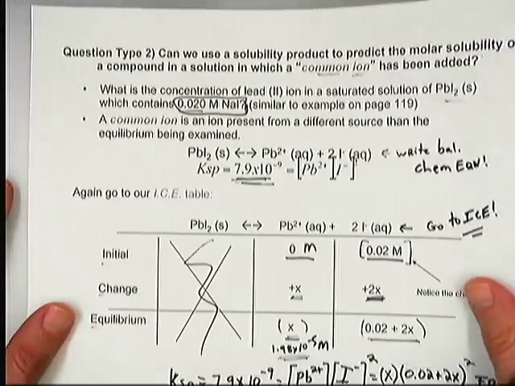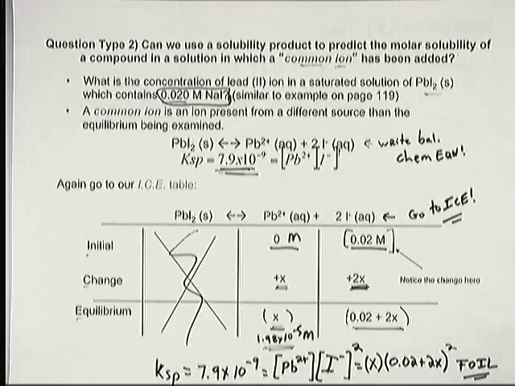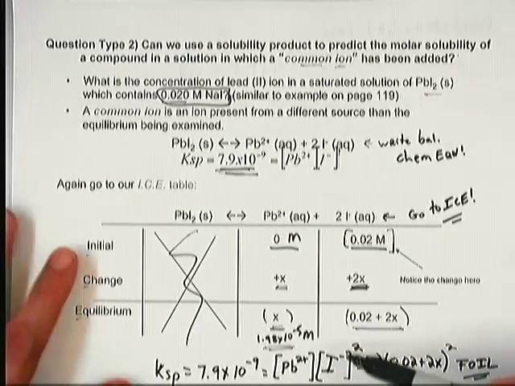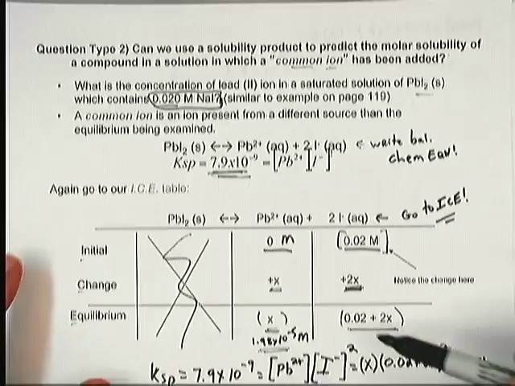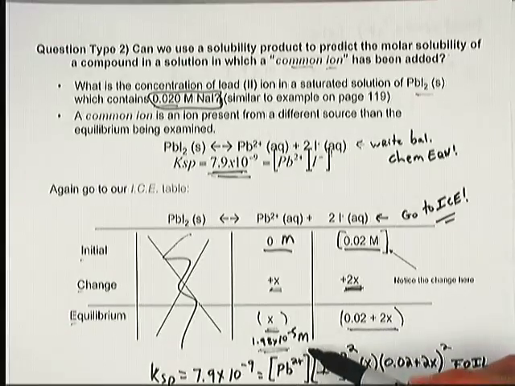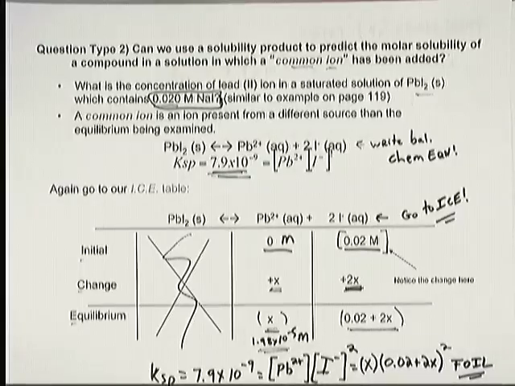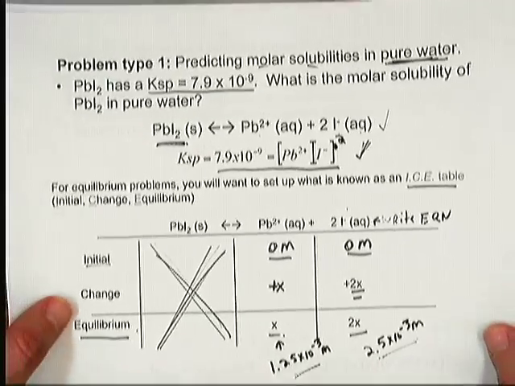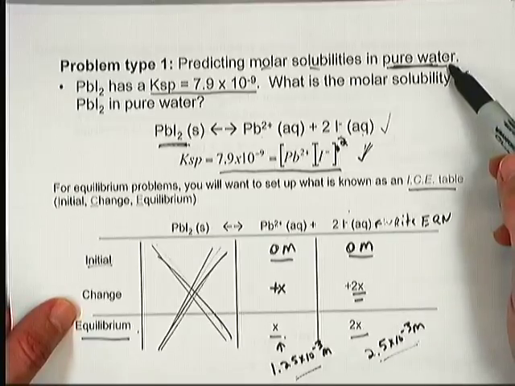At the tail end of this problem, let's consider what happens when a common ion is added, or how that affects the molar solubility. Well, in this example, where a common ion was present, we saw the molar solubility was about 2 times 10 to the minus 5. What was the molar solubility in the first problem, where only pure water was used?